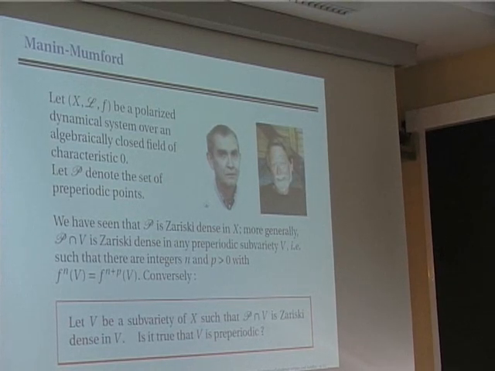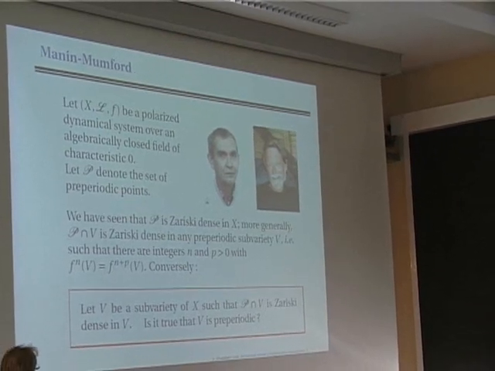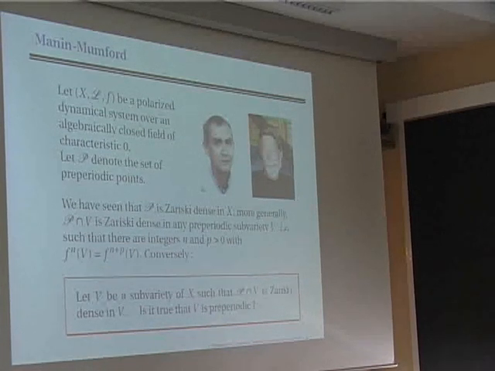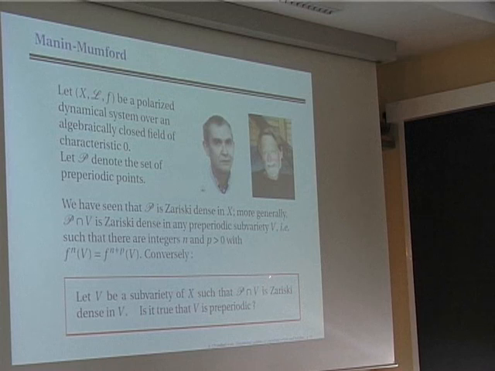I denote by P the set of preperiodic points, and remember that P is Zariski-dense in the variety X. Now if V is a subvariety of X, I can look at the preperiodic points which lie in V. The conjecture is that P intersected with V will be Zariski-dense in V if and only if there is a strong geometric reason for that, namely that the variety V is itself preperiodic, meaning that if you look at the iterates V, f of V, f squared of V, etc., then you will fall back onto some earlier iterate at some time.